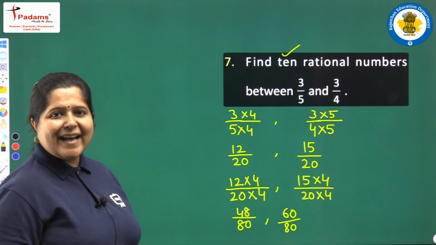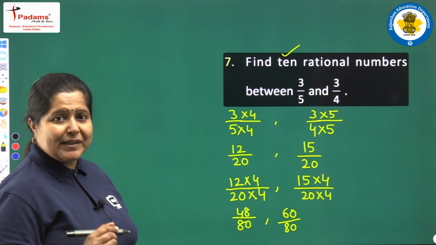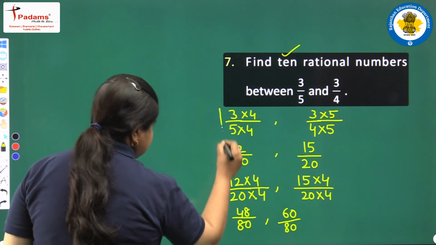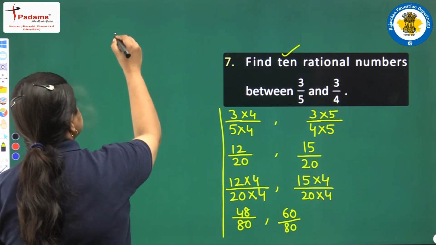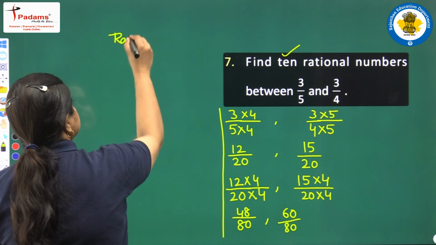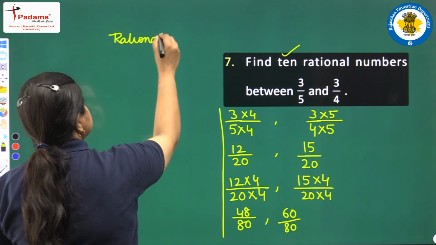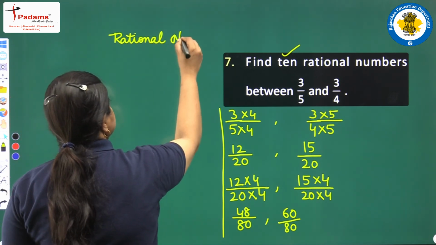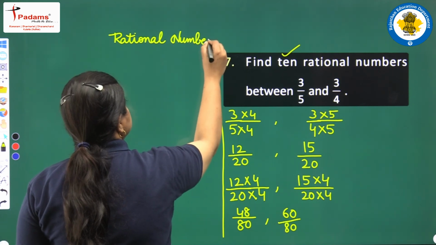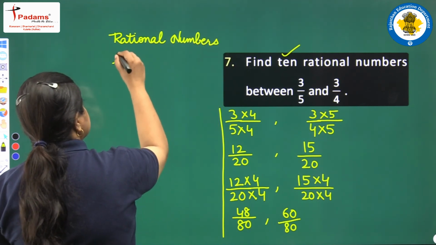Now, we can easily write the rational numbers in between, 10 rational numbers. Let us write them here.